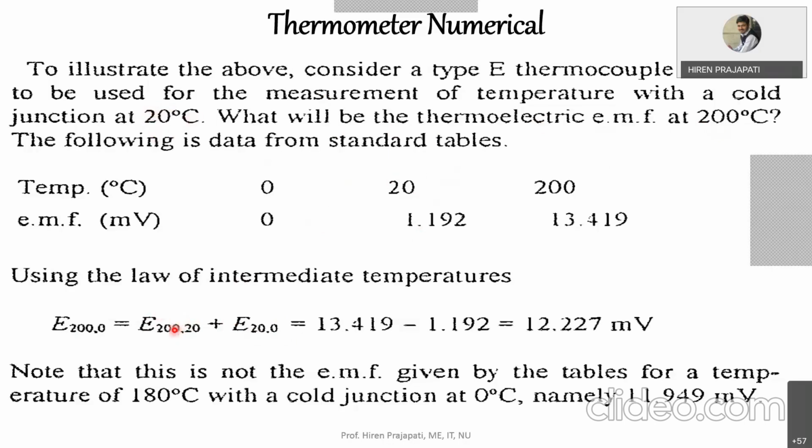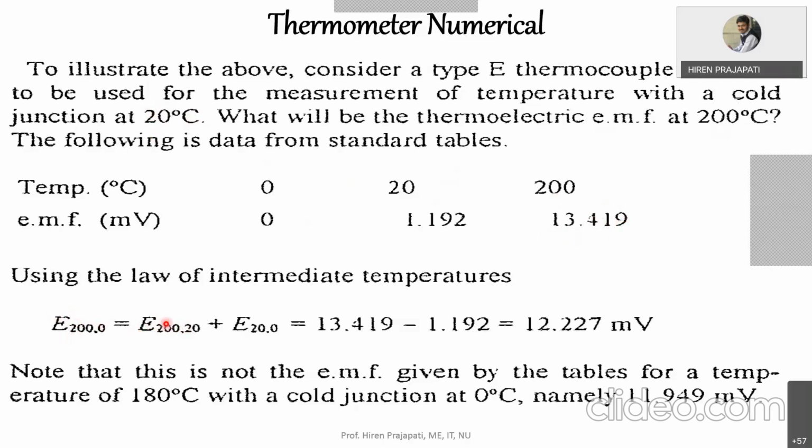So we want this value, this EMF, right? Now E 0 to 200 is available from the calibration table. If your reference junction temperature is 0 degrees and the hot junction is at 200 degrees, then the EMF will be 13.419, right? That value is available from the calibration table.